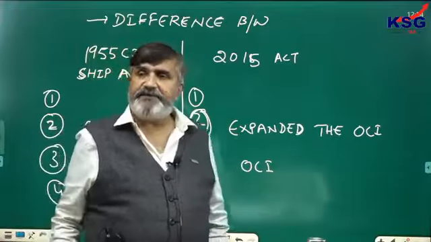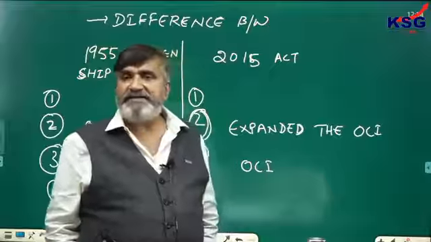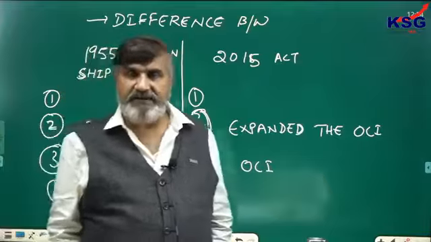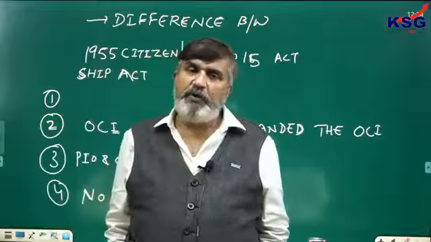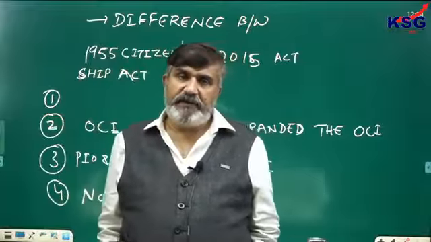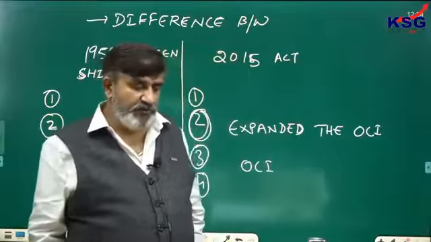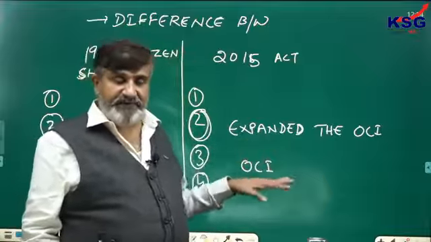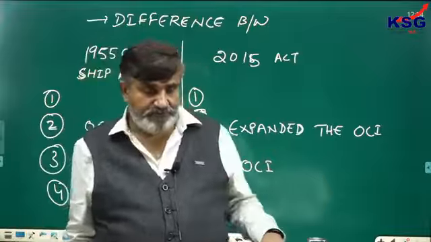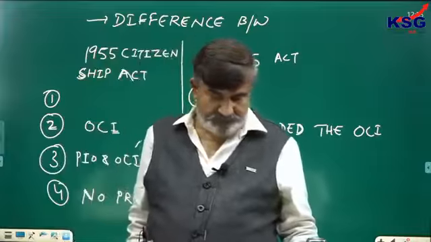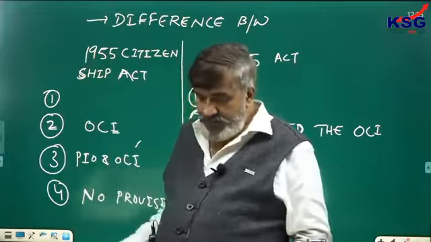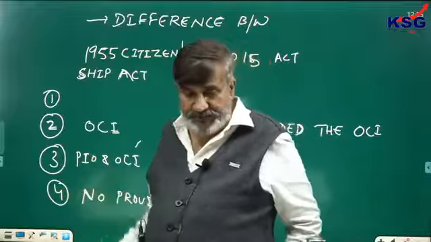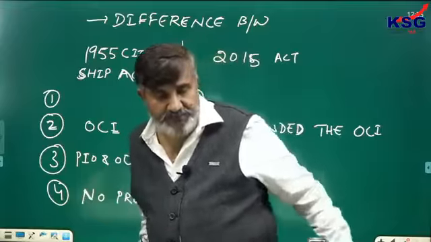And second, if a spouse marries another party without divorcing, then in that case also the card gets cancelled. So no time for dictation, dictation will be taken after the break, but time to take questions.